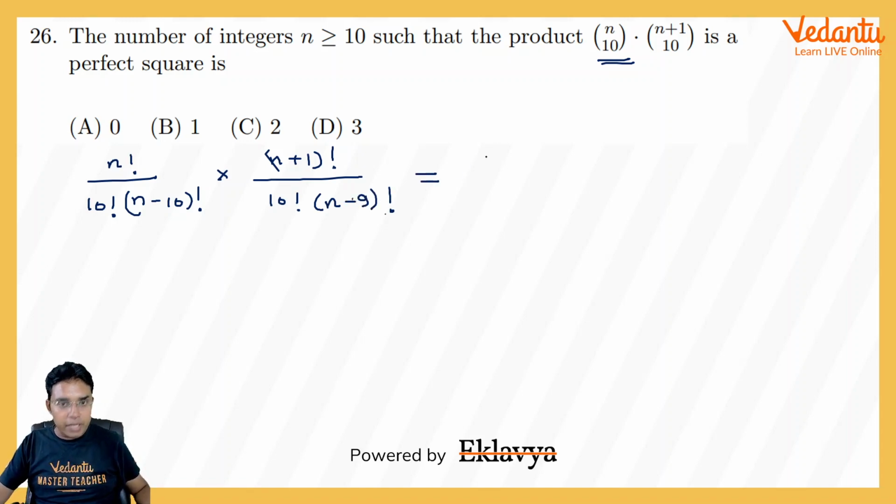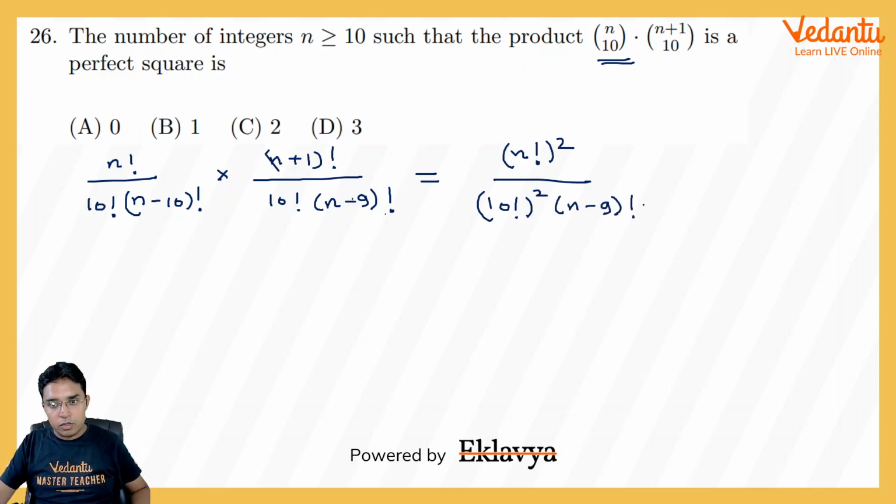Now please check which numbers are already making a perfect square. n factorial is already a perfect square, and 10 factorial is also a perfect square. n minus 9 factorial will also become a perfect square if I multiply the numerator by n minus 9.